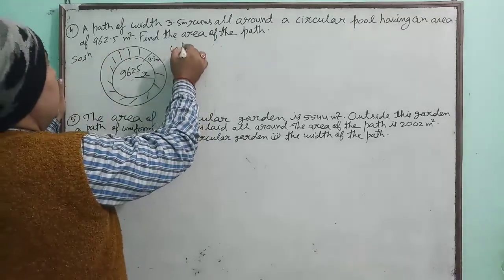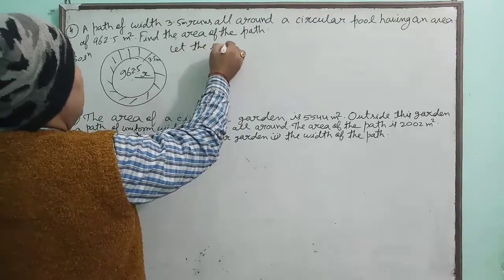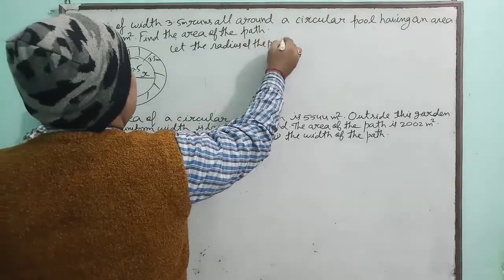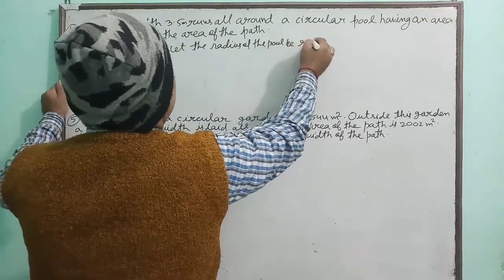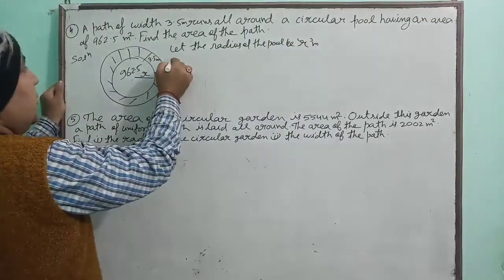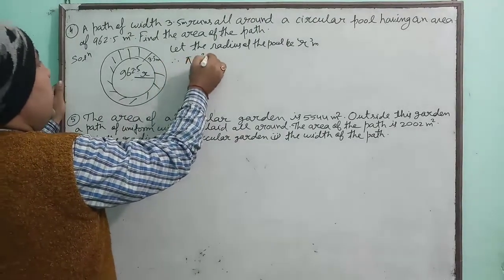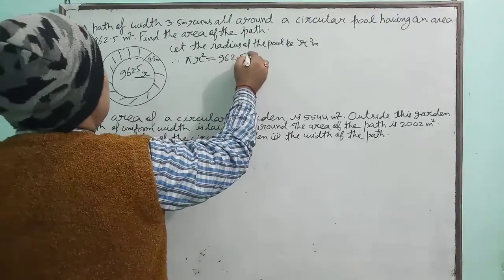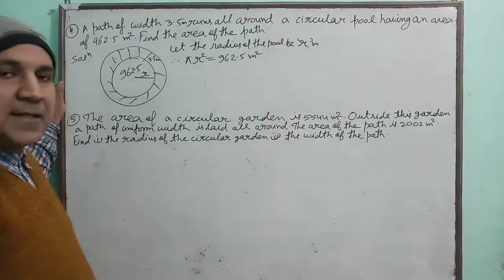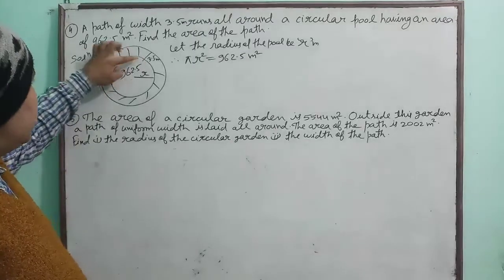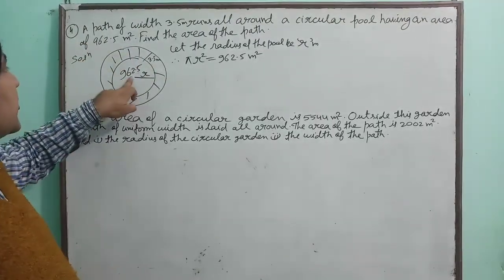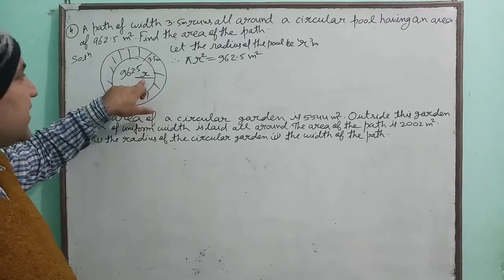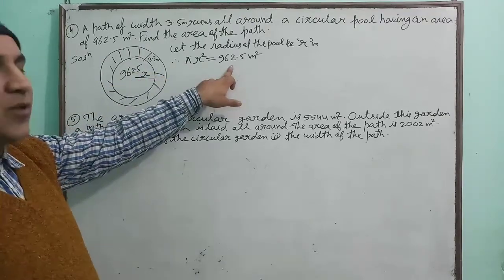Let the radius of the pool be r meter. Therefore, pi into r square is equal to 962.5 meter square. Is this point clear? The area of the circular pool is 962.5. Since it is a circular pool, if the radius is r, then pi r square is this.